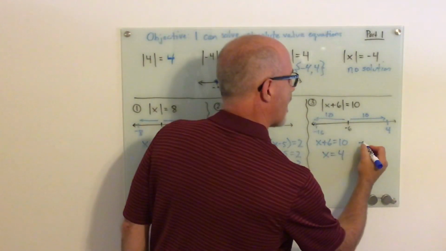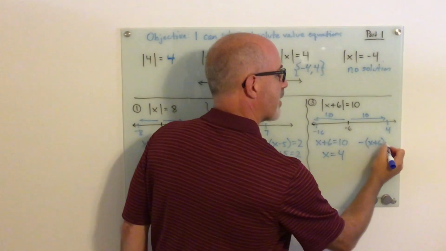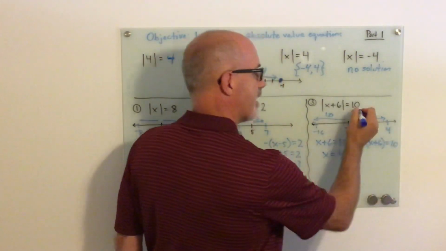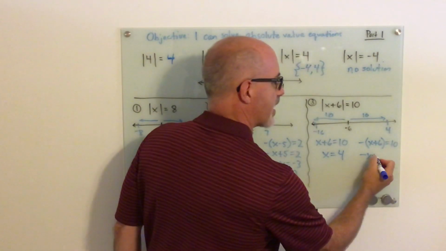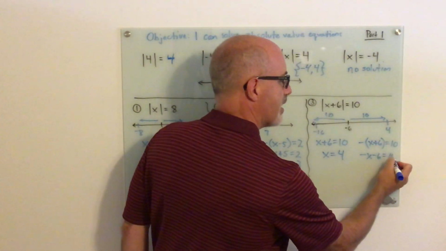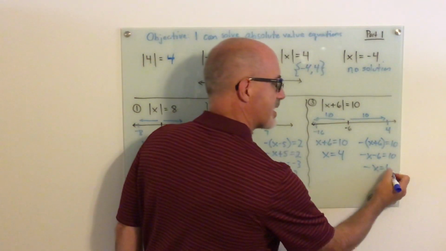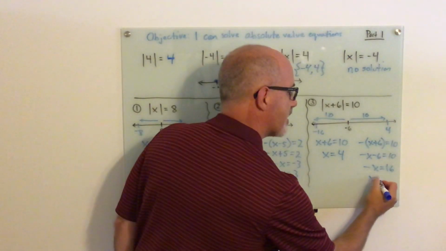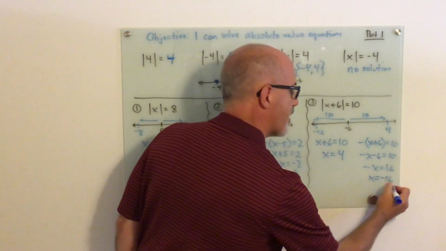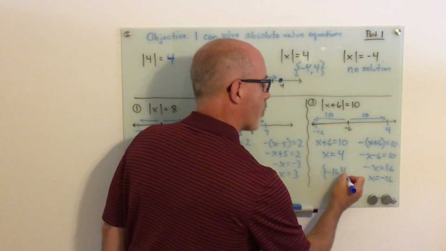So I'm going to take the opposite of parentheses, x plus 6, and I'm going to set that equal to 10. That's 10 units away. Distribute through the negative, so the opposite of x minus 6 equals 10. Add 6 to both sides, the opposite of x equals 16. And then multiply by negative 1 on both sides, and you get x equal to negative 16. So my two solutions are negative 16 and 4.